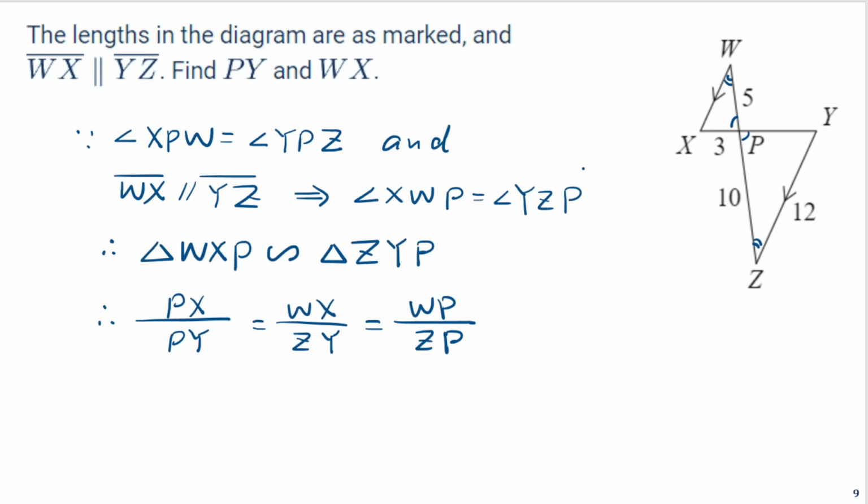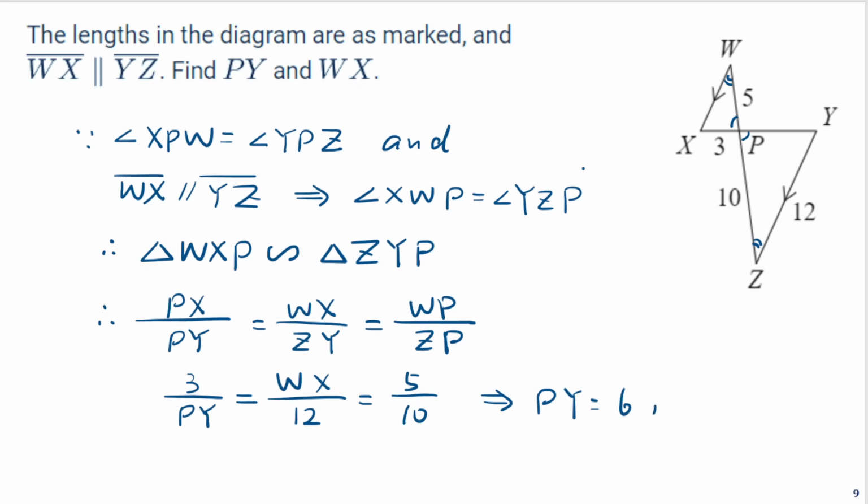So substitution will give us 3 over PY equals WX over 12, which equals 5 over 10, right? Therefore, we can solve PY equals 6 and WX equals 6 as well, right?